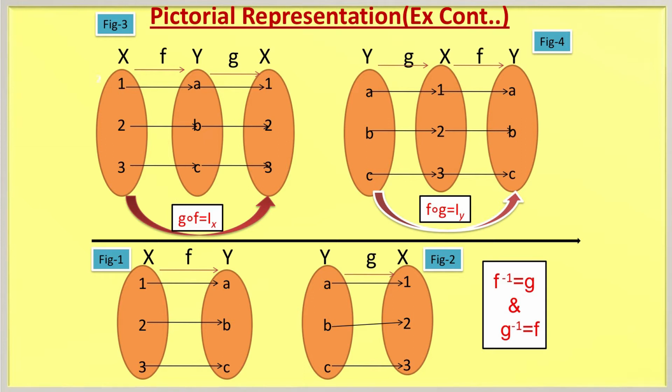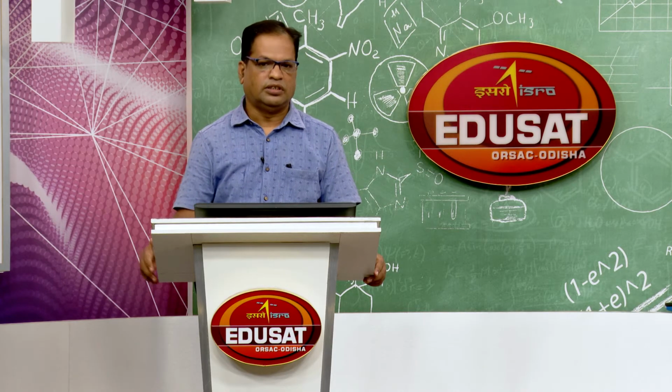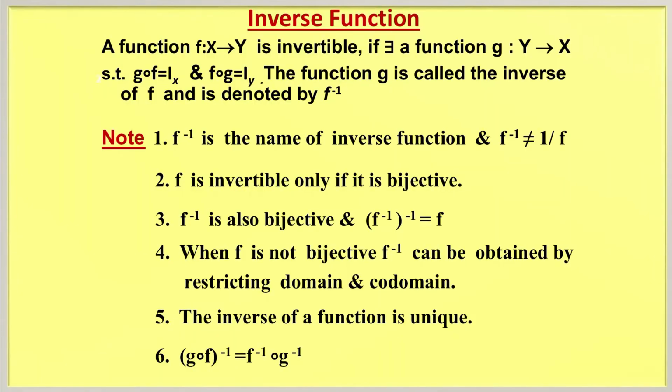So, what this example shows is that for any bijective function F, we can have another bijective function G such that F composition G and G composition F are both identity functions, which leads to the definition of the inverse of a function. So, next we will discuss the function inverse. What is an inverse function?